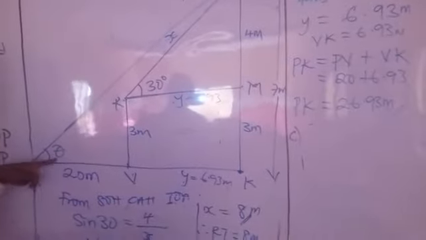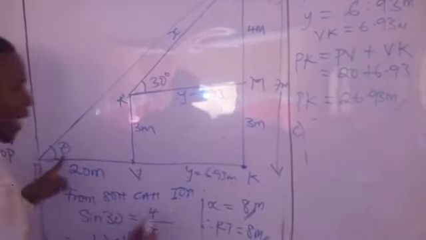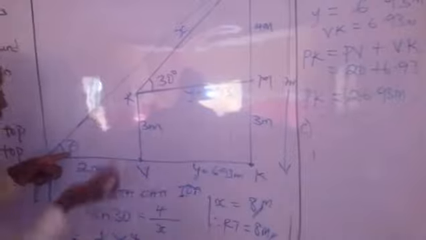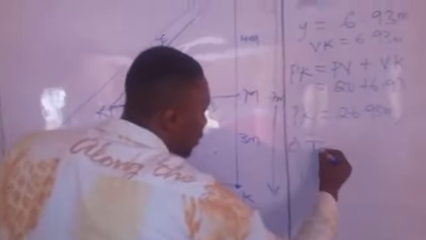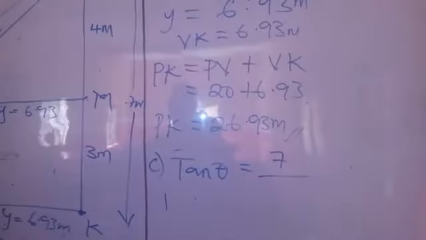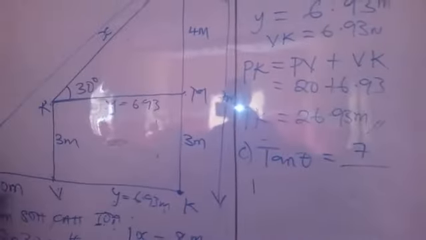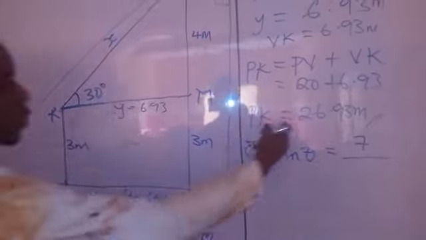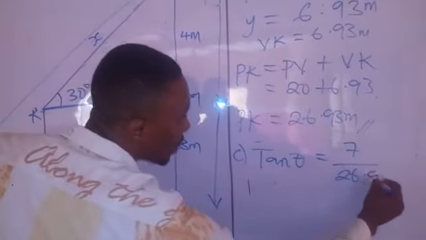So which one will be suitable from our SOH CAH TOA is tan. Tan is opposite over adjacent. So we say tan theta, opposite is 7, adjacent is the combination of these two, which is 26.93.